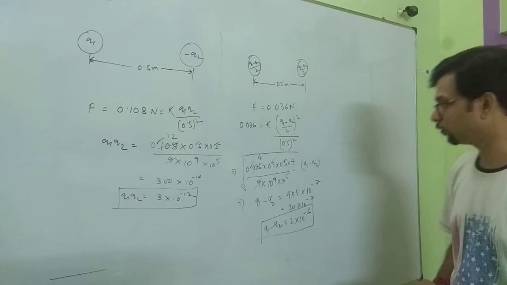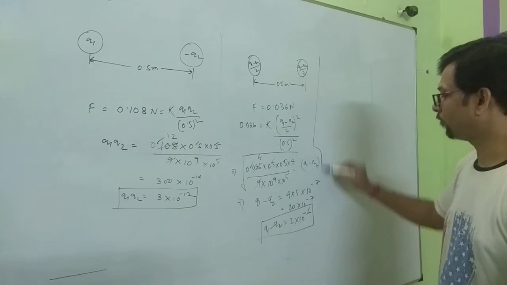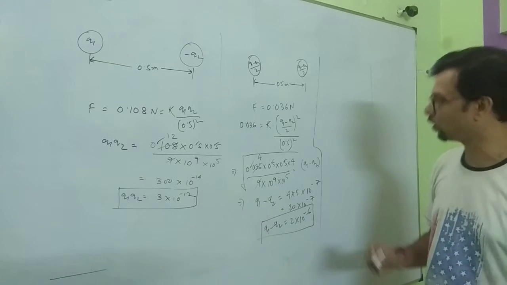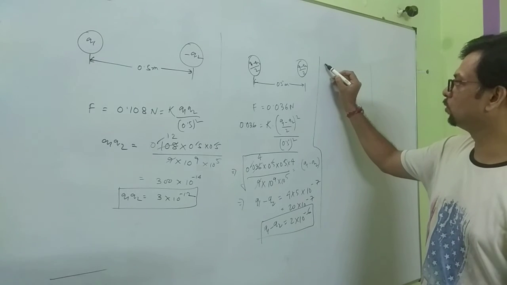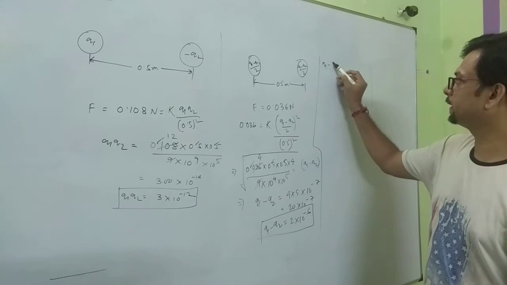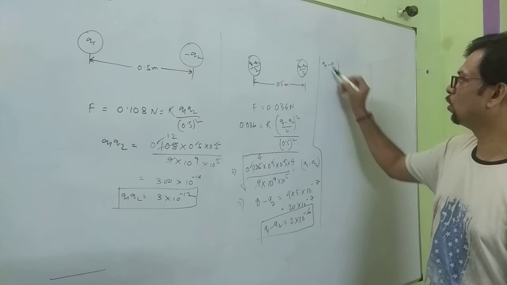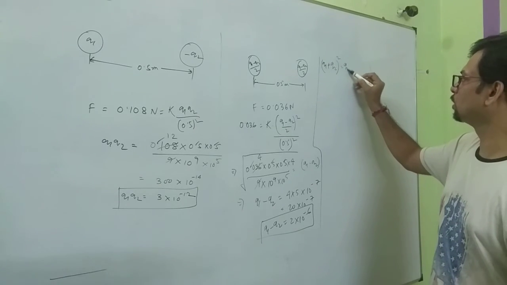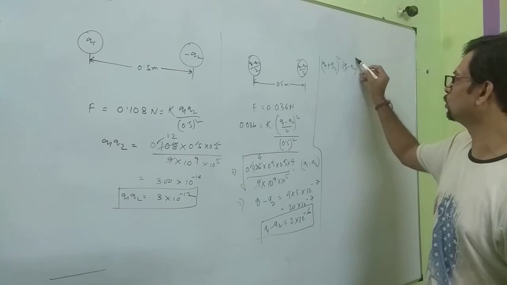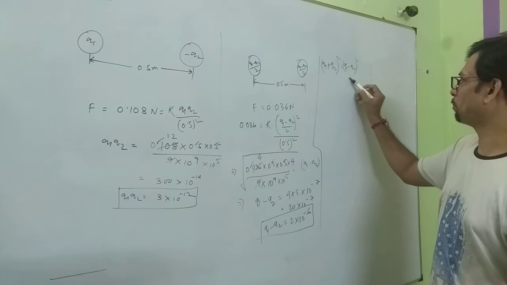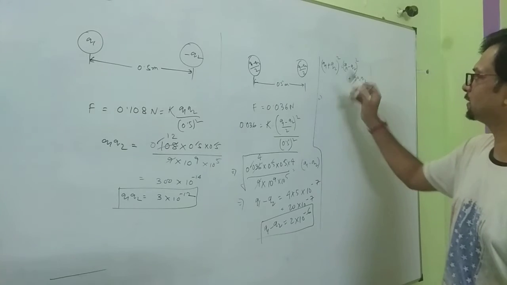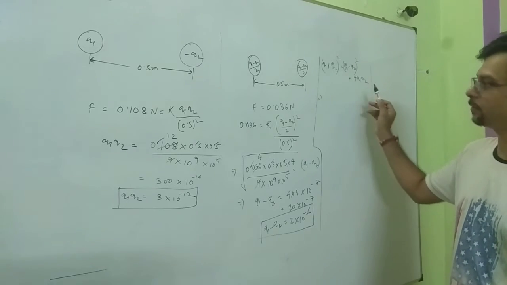Okay. So now, avoiding the quadratic, because if you put this value here it becomes quadratic, what we can do? We can do (q1 plus q2) whole square equal to (q1 minus q2) whole square plus 4 q1 q2. That we can write: (a plus b) whole square equal to (a minus b) whole square plus 4ab.